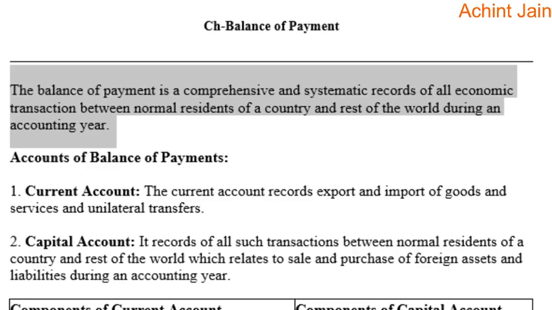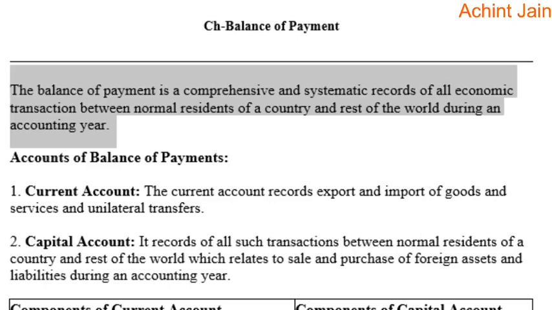These include services like insurance, banking, shipping, consultancy, investment, income like interest, profits, dividend and royalties, and unilateral transfers like gift, donation, etc. Capital transfers: items consisting of capital receipts and capital payments are known as capital transfers. These transfers involve transfers of assets and liabilities.